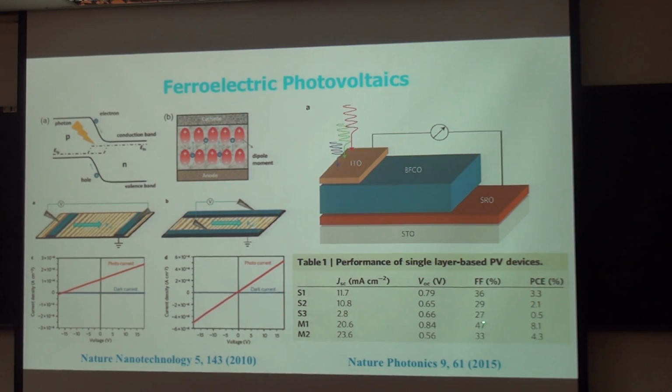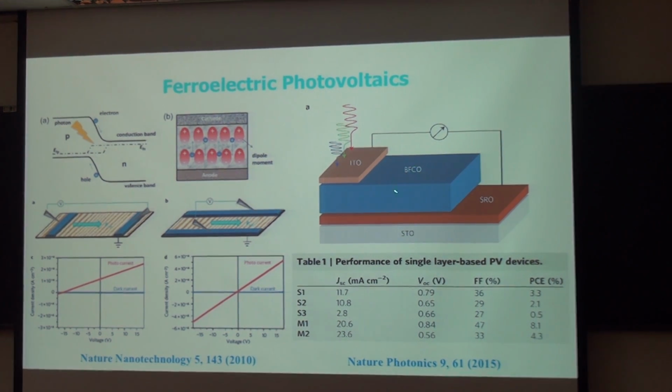The situation changed until 2 years ago. A group grew a high quality multiferroic sample with the solar cell. The power conversion efficiency for the single junction has reached as high as 3%. For the multiple junction, the power conversion efficiency is almost around 80%.